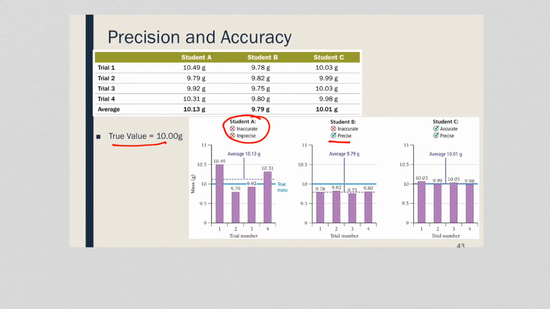So it's precise but inaccurate. And then finally, student C here, we have an average that's very close to the true value, so it's very accurate, and we can see all the numbers are pretty close to one another, and so we have the ideal data, which is both accurate and precise.